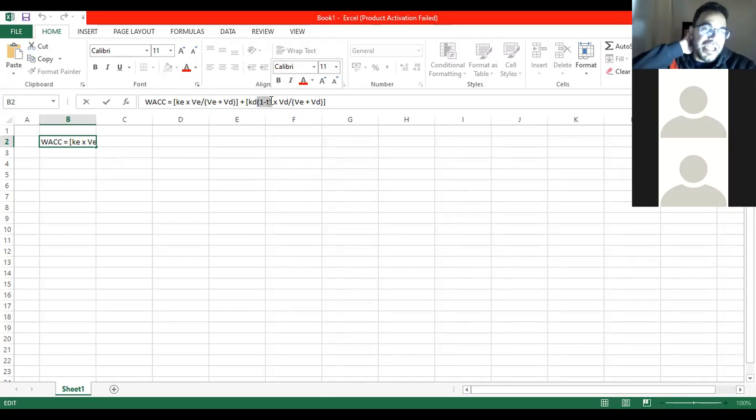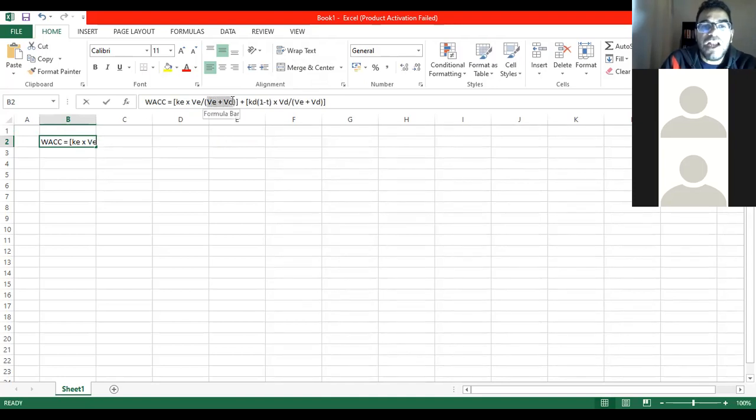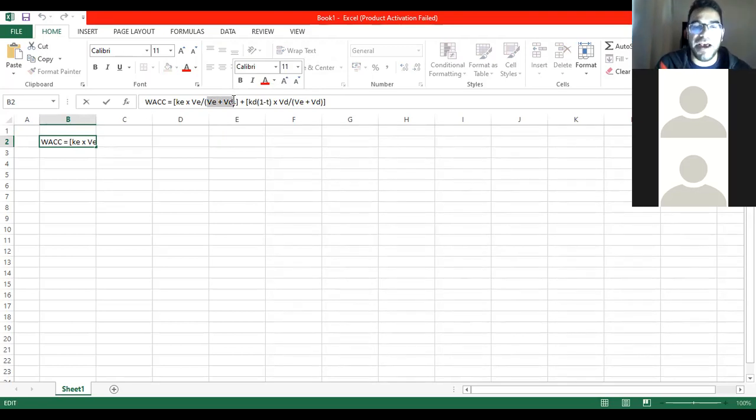The third thing we need in the WACC calculation is the weighting. Now remember, we said the weighting is the percentage of each source of finance over the total source of finance. So here you can see value of equity plus the value of debt. That represents the total long-term sources of finance.